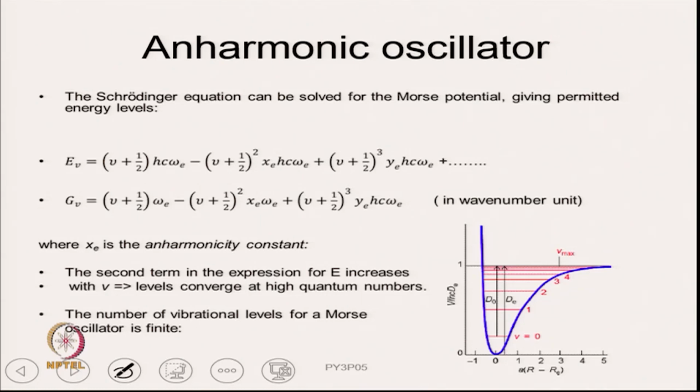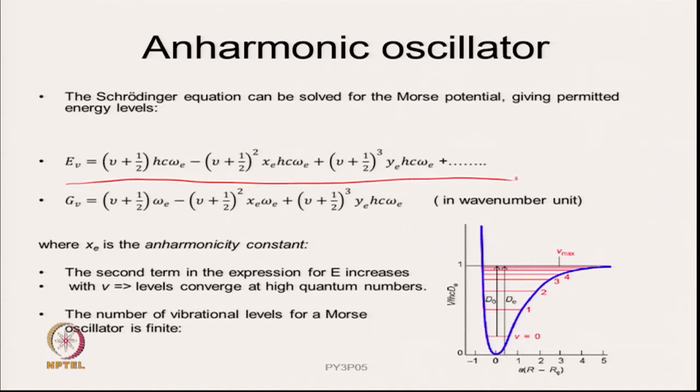If we solve the Schrodinger equation using this Morse potential, we can get the energy levels. The energy is given by E v equal to v plus half h c omega e, where omega is wave number, minus v plus half square x e h c omega e. Here x e is called the anharmonicity constant.